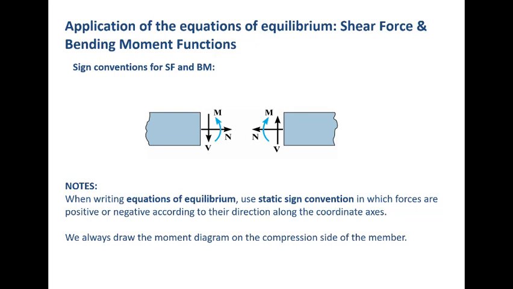If you cut a beam and you look at the left-hand side, forces that are tensile, going left to right, are positive. Shear forces going downward are positive. Moments that are anti-clockwise are positive. At the same time, on the other side, this is how the two sides of the beam are talking.